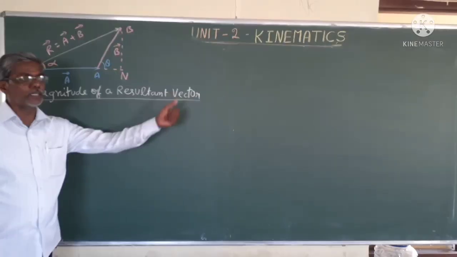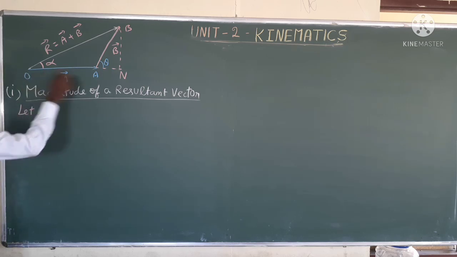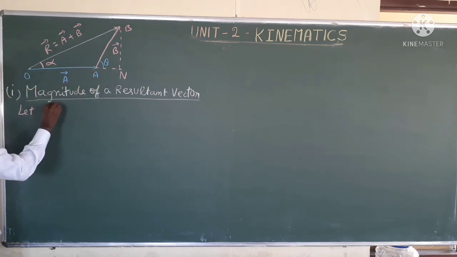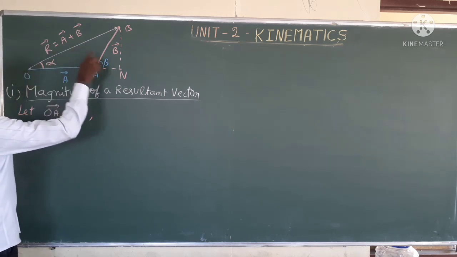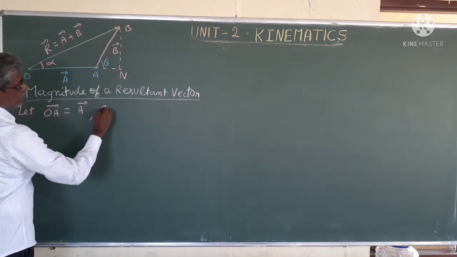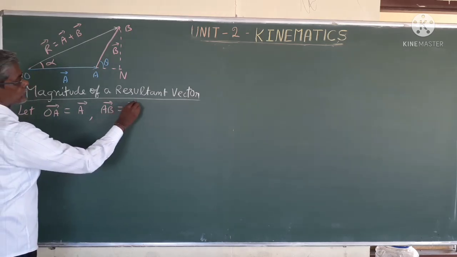Next you will see the magnitude of the resultant vector. Let OA vector be equal to A vector. AB vector is equal to B vector.